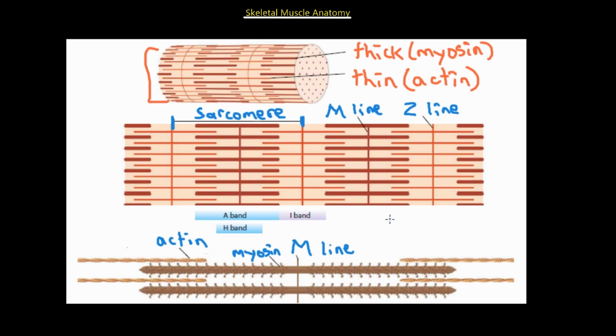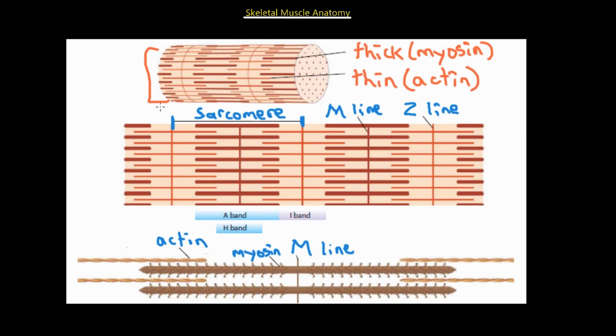The way that contraction happens is that the thin filaments are going to slide over the thick filaments in this orientation, and they will close in and make things shorter. So let's discuss what actually gets smaller when a contraction occurs. In essence, everything is going to shrink.